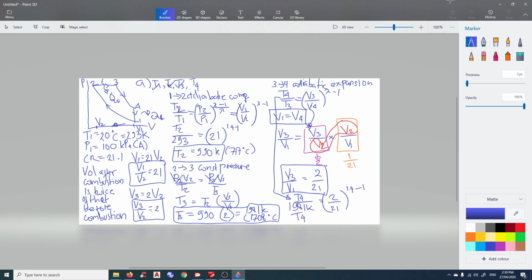So T4 is 773 Kelvin or 500 degrees C. So T4 is found.